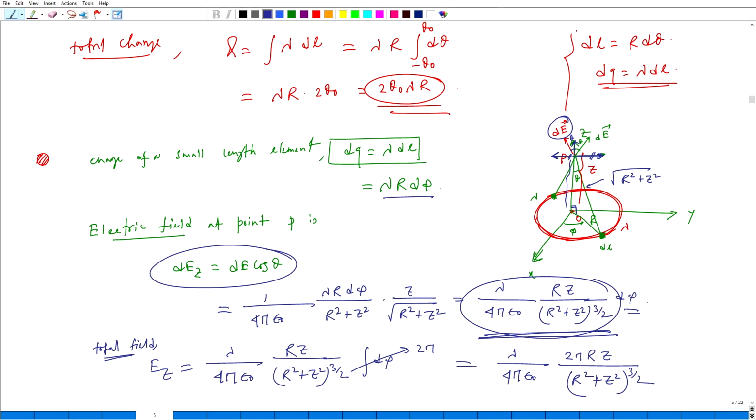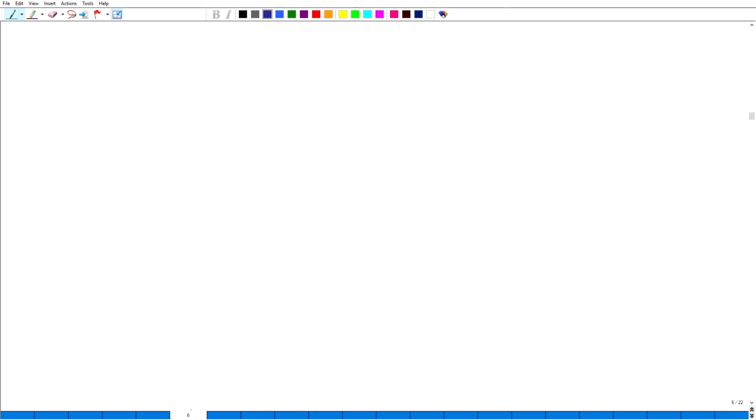So now we calculate the total charge q, which is lambda times dl and then integrate. Lambda is uniform so it is taken outside, and dl is r d phi, as we defined in the previous case. The d phi integral gives 2 pi, so q is lambda times 2 pi r.